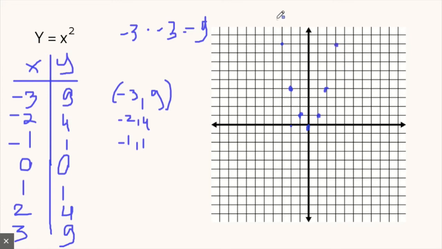And when we connect the dots, this is going to be our graph.